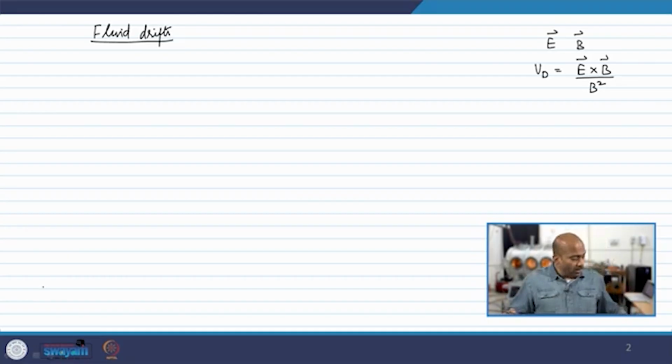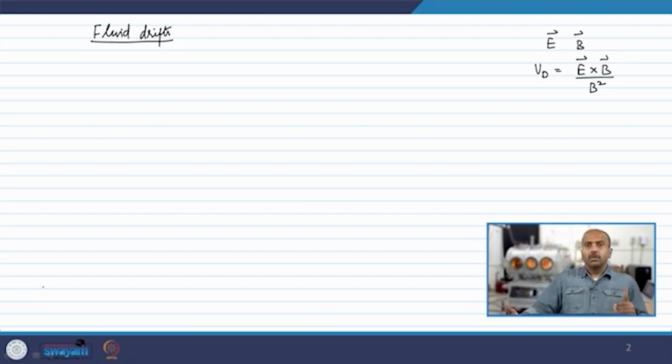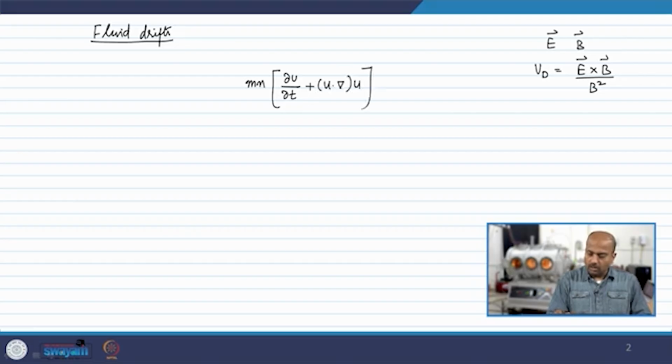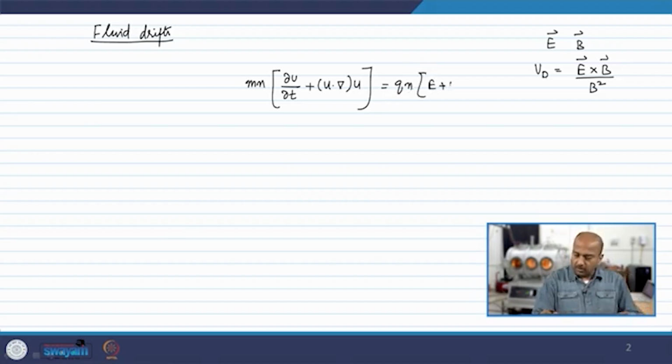If you look at the basic governing equation for plasma as a fluid, we have a set of governing equations. We do not have just one equation, we have the momentum equation, the continuity equation and so on. The basic equation looks like this: m n ∂u/∂t plus u dot del times u is equal to q n into E plus u cross B minus del p.